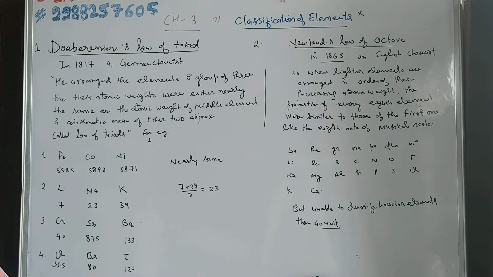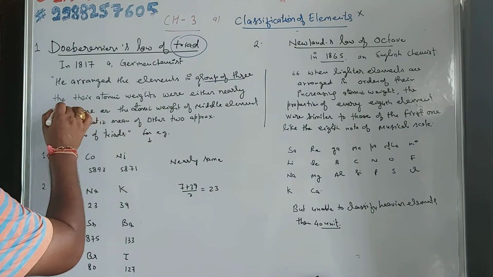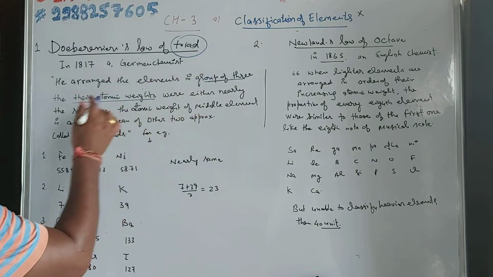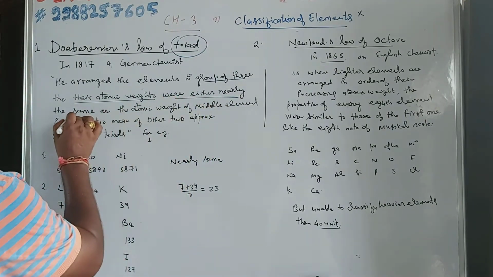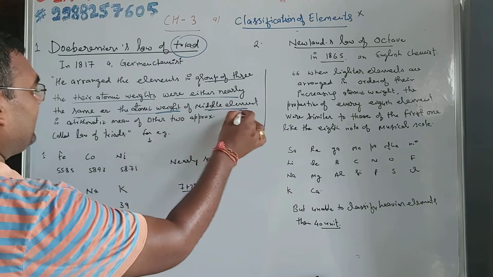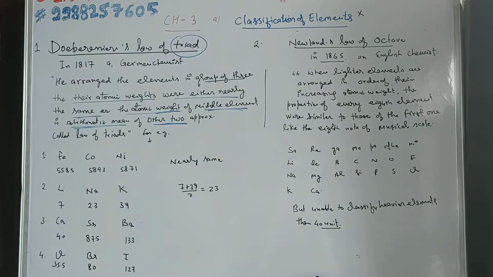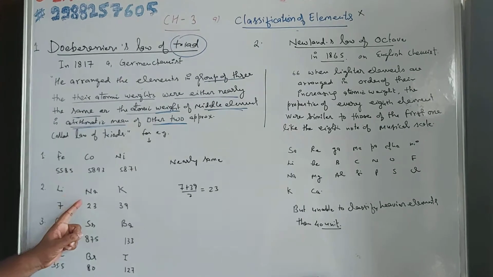And then Doebereiner observed that when he arranged the elements in groups of three, a triad meaning a group of three, their atomic weights were either nearly the same, or the atomic weight of the middle element was approximately the arithmetic mean of the other two.